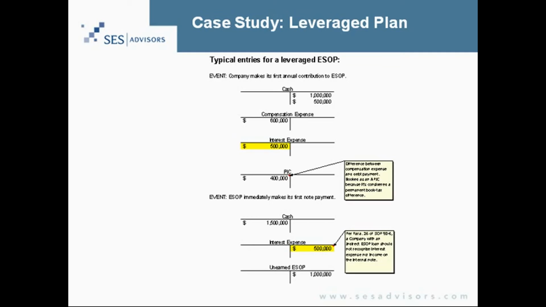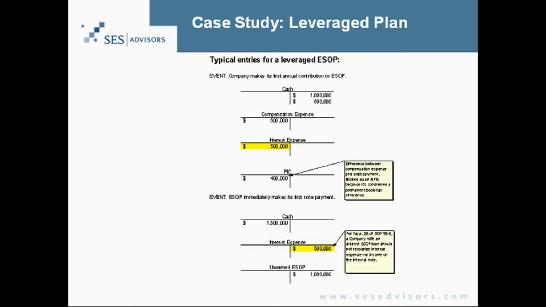But in the case of an internal note or internal loan structure, these two related parties have lent and borrowed money from each other. We're not recognizing an expense for the company and then in turn interest income from the ESOP payment of the debt. And that's not too surprising. It's fairly intuitive.